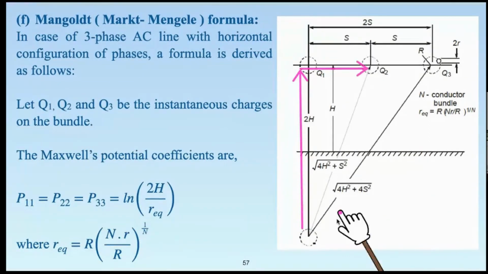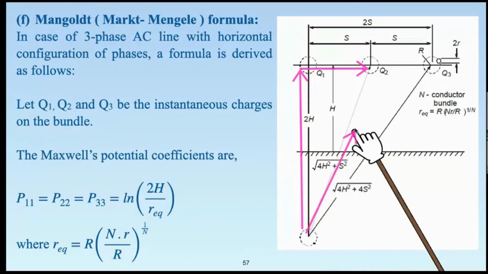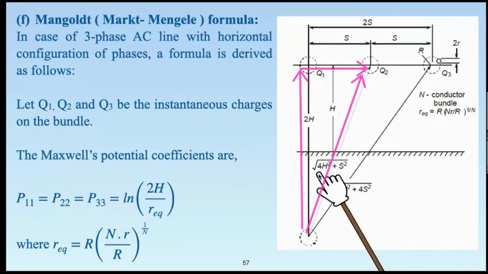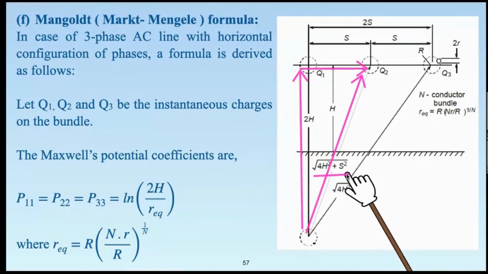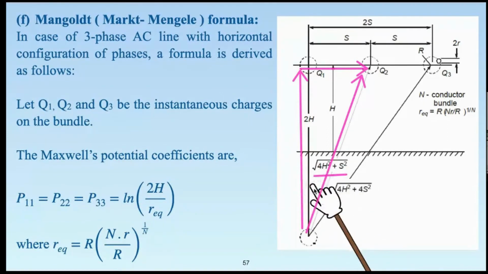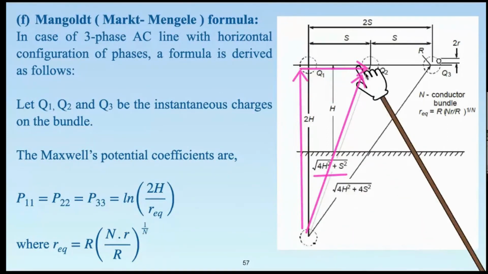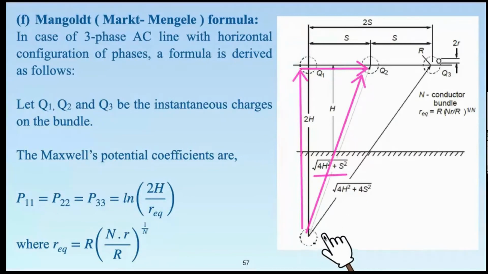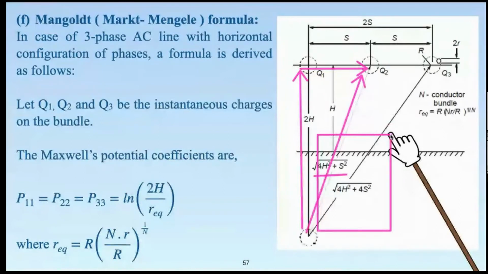So by the Pythagoras theorem, this distance is indicated as equal to the square root of 4h square plus s square. So that is twice h whole square plus s square, square root. So this way we find this distance, and in a similar fashion, it is easy to identify this particular value of distance as well.